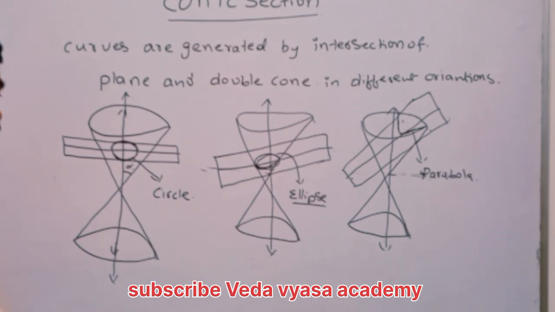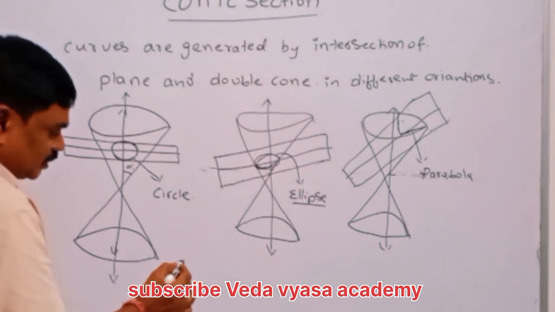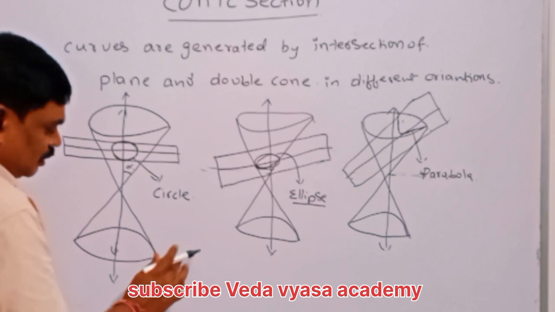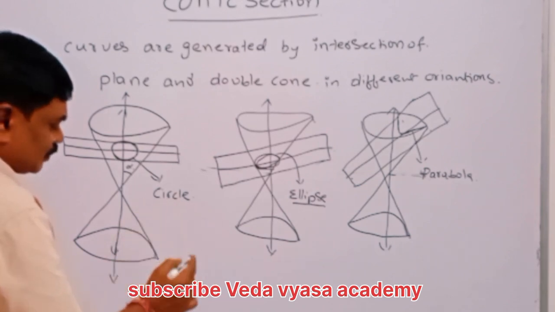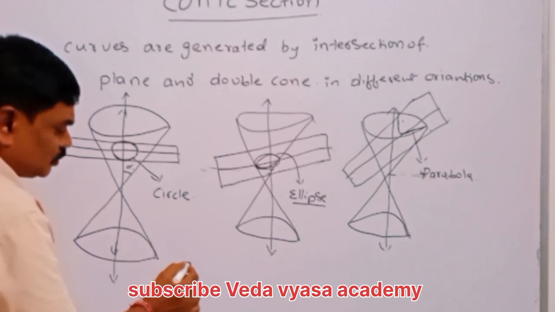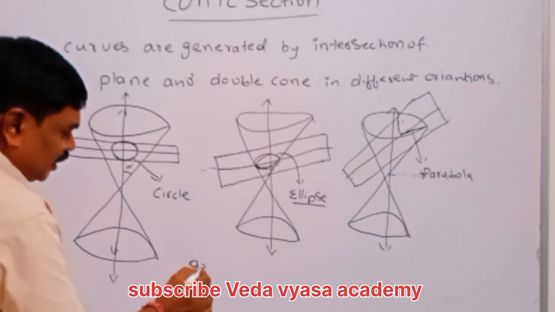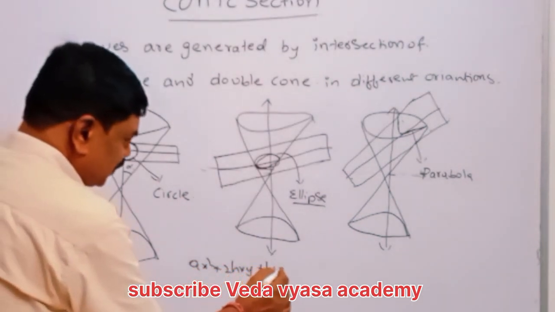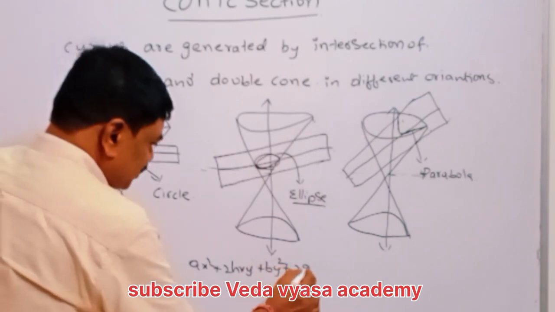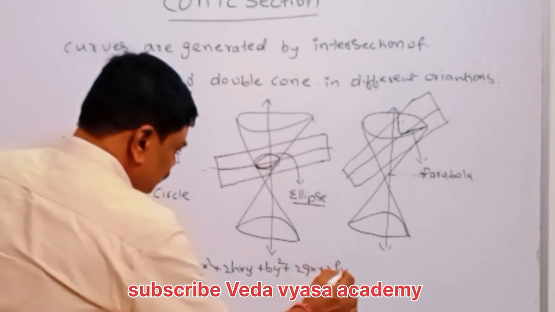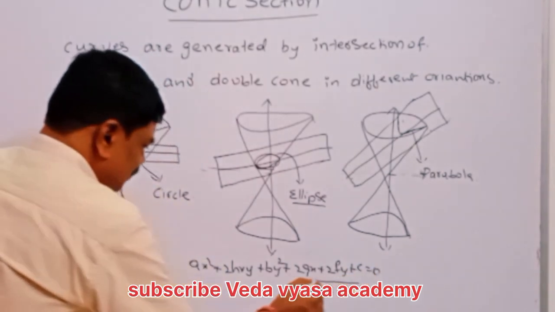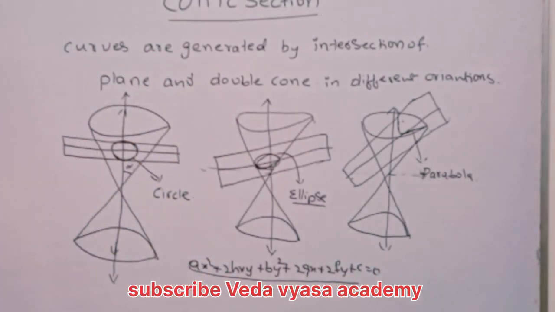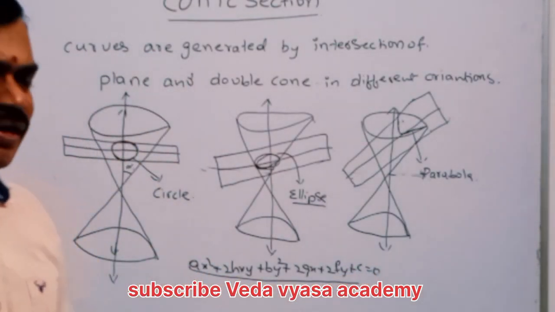Okay? So here you see another one. Suppose you draw the graph of ax square plus 2hxy plus by square plus 2gx plus 2fy plus c is equal to 0. This is a quadratic equation in two variables.